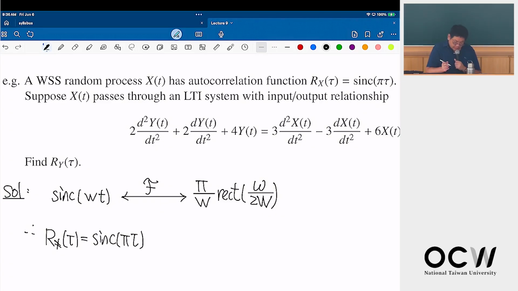So WT becomes pi tau. Then when I take the Fourier transform, W becomes pi, so the rectangular function has width 2 pi.